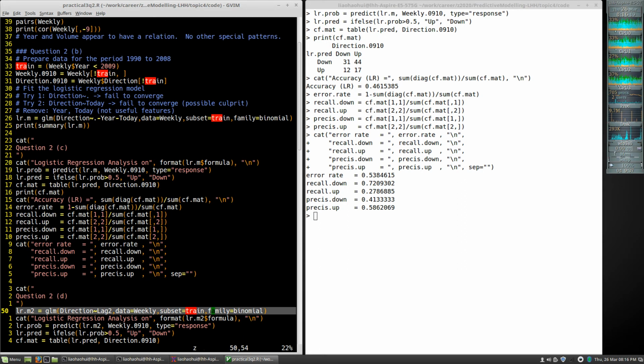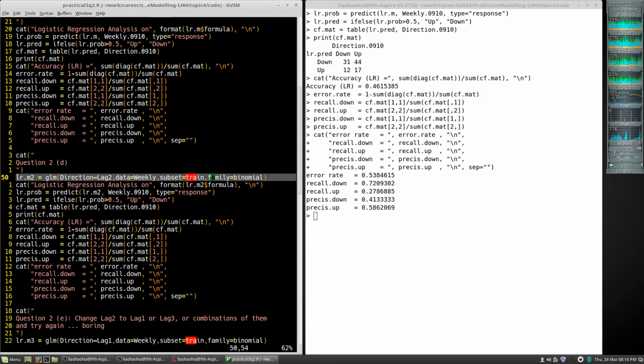Now let us look at part D. We are asked to fit the logistic model with Lag 2 as the only predictor. The whole process is the same, and we use the same training and testing data.